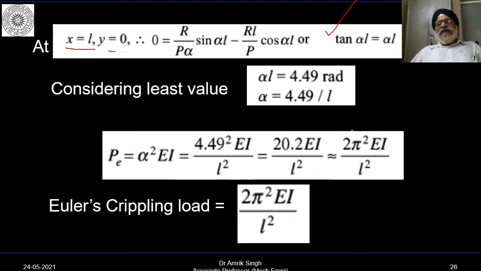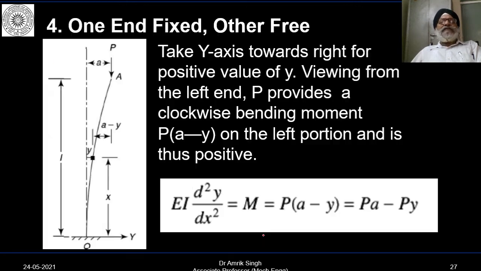That's why we can write here 2 pi square EI upon L square. So the crippling load in this case will be this. Here the crippling load is entirely different. So you can see the crippling load will keep on changing, and accordingly the length that we will be considering, the equivalent length, will be changing. We will be seeing this in the next slides.